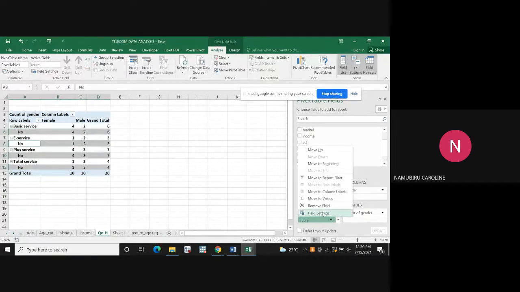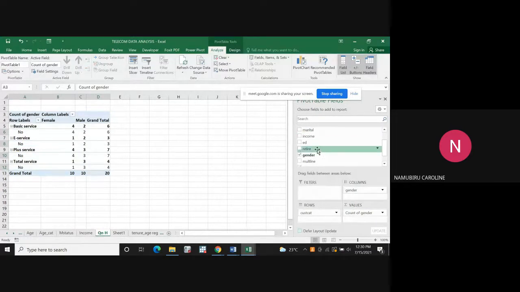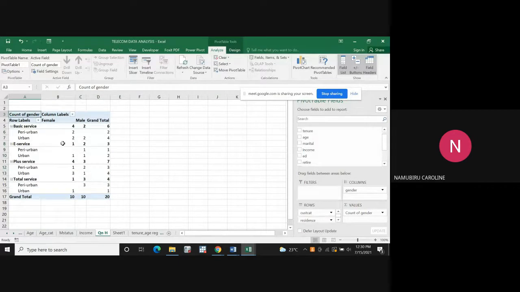Let me remove this and add a field, let me say residence, to see if it has a yes, no. So you can tell that those using the basic service and coming from the peri-urban are 2. From the urban they are 2.